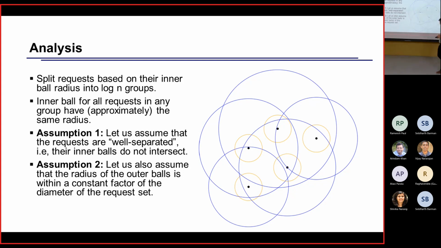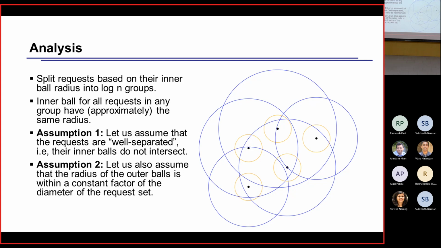Before I state these assumptions, first let me state that we'll do a simple and useful transformation. We're going to partition all the requests into log n groups. How do we do that? We basically partition them based on their inner radii. If the inner radii are within a constant factor of each other, they go into the same partition.